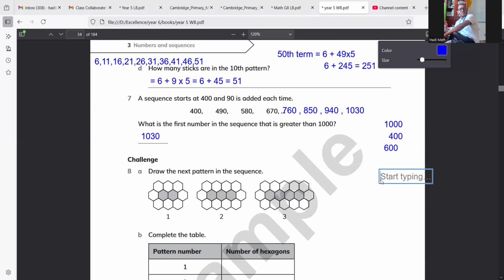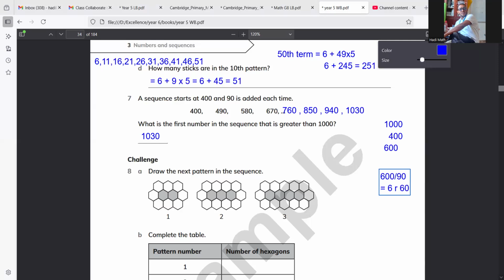I need to see the remainder. 600 divided by 90: 540 with 6, and there is a remainder of 60.